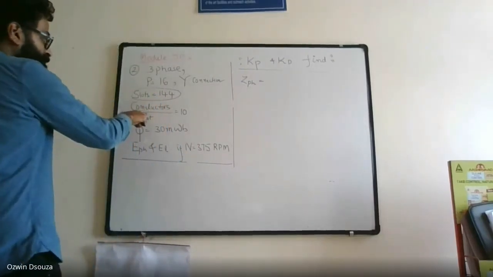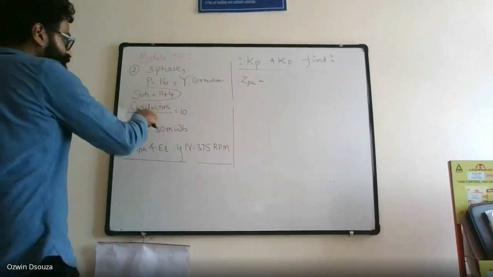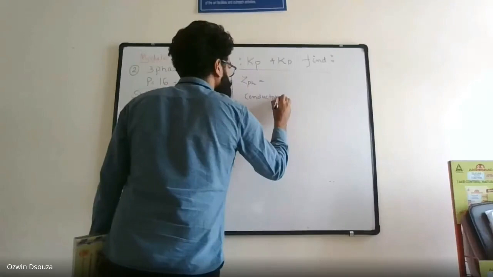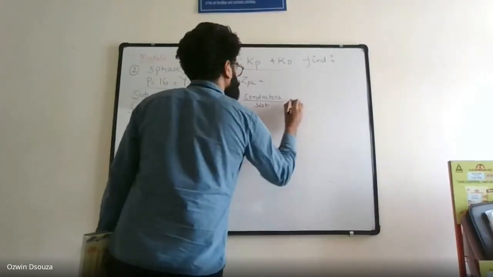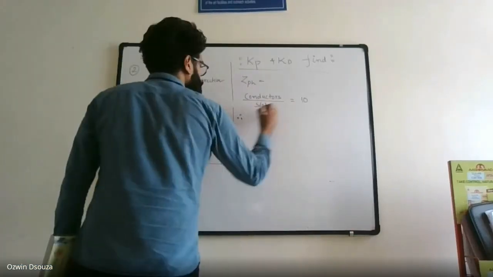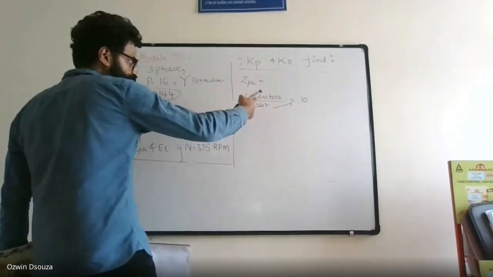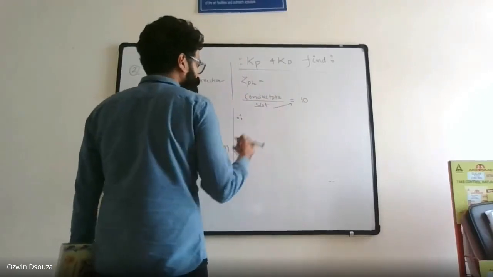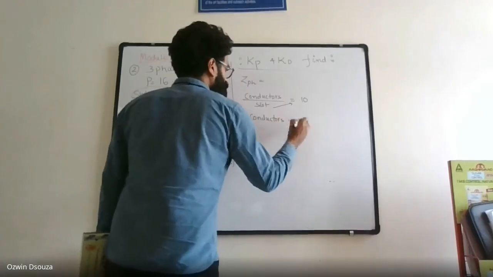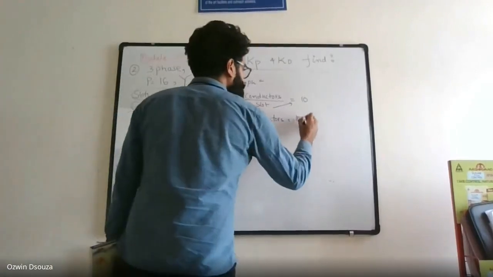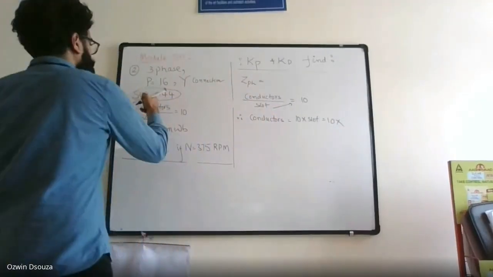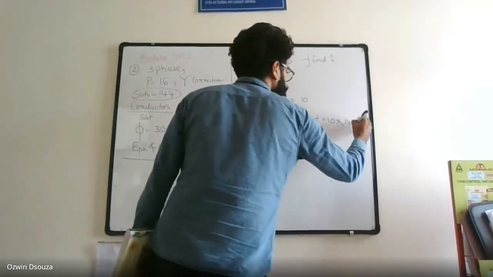So you have this data, that is conductors per slot is equal to 10. Therefore, total number of conductors is equal to 10 into slots. That is 10 into how many slots? 144 slots.